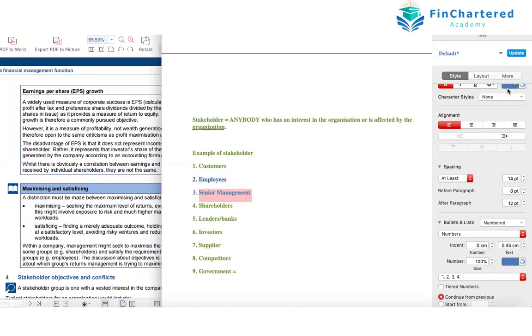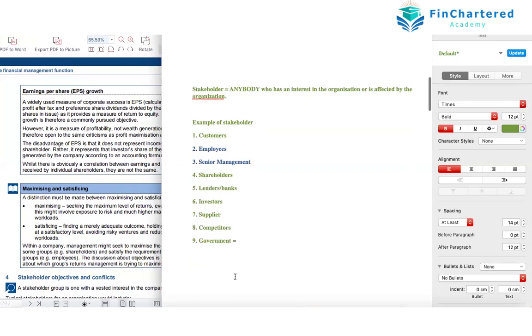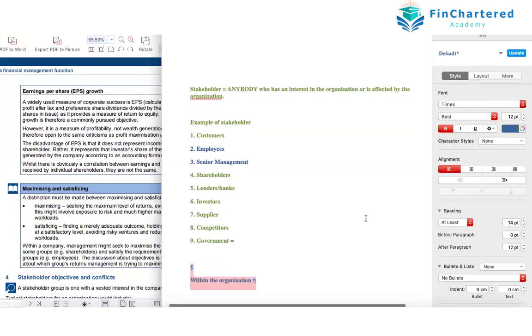They are always within the organization. Within the organization, the employees, I'm highlighting them in blue. Yes, CEOs, again, senior management.